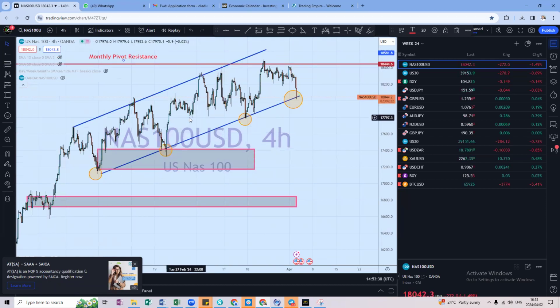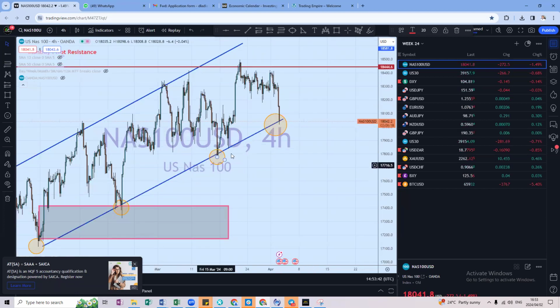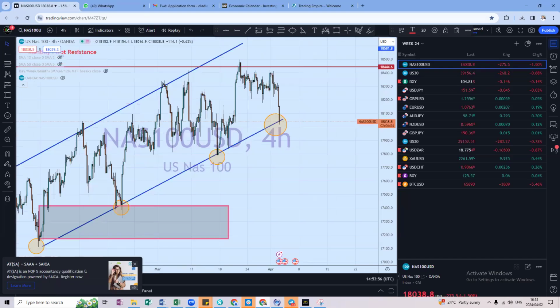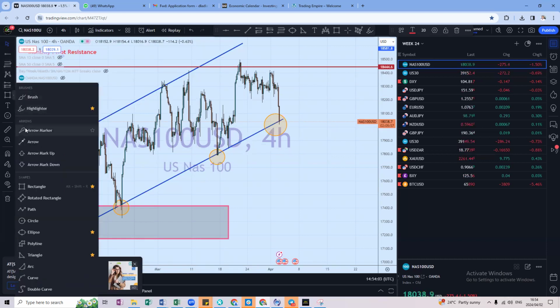It's in this channel, and it's currently bouncing there, which is also an area of my moving average of support. So two things are confirming. That moving average is confirming a bounce to the upside, and here it's touching my trend line from the bottom. So I'm expecting a retracement of Nasdaq.